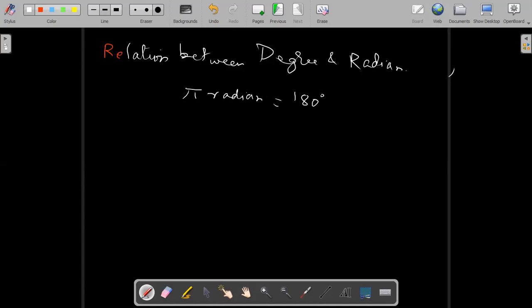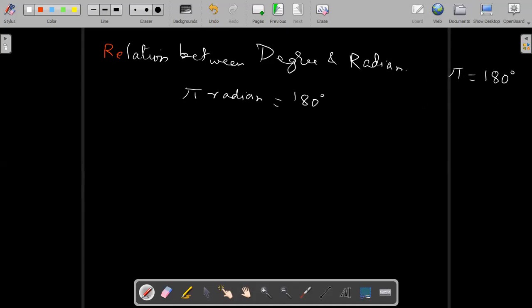Pi is equal to 180 degrees. So mostly we are converting pi into 180 degrees. Wherever you find pi, you can convert radian into degree, or degree into radian, by this formula. Pi is equal to 180 degrees.